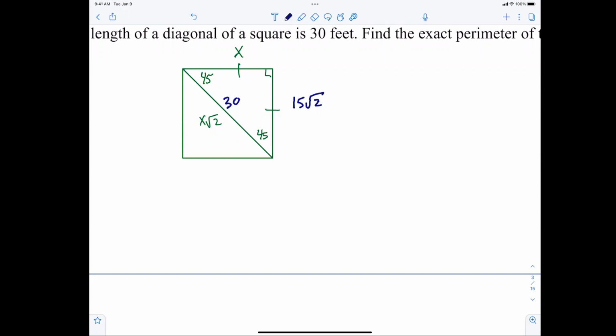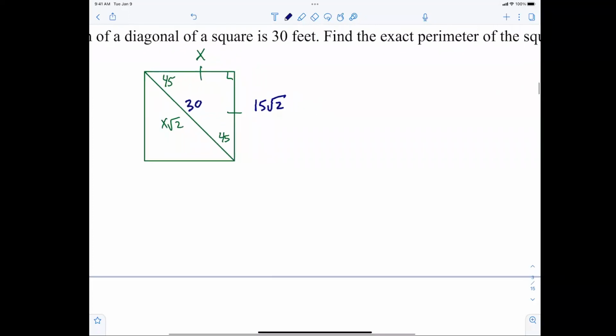That's what I was just saying. I wrote down on the board yesterday that everybody should have down. I said from a 45 to a 90, you do what? Multiply by radical 2. So from a 90 to a 45, you should do what? Divide by radical 2.